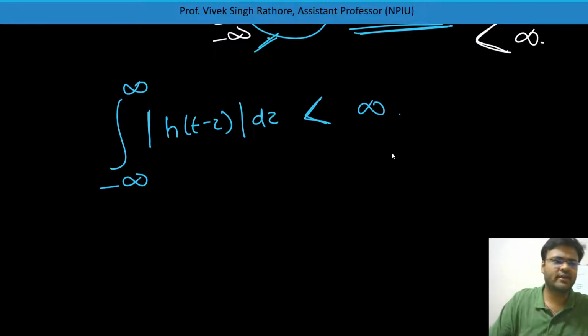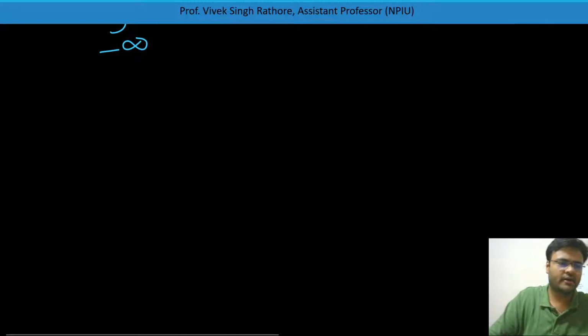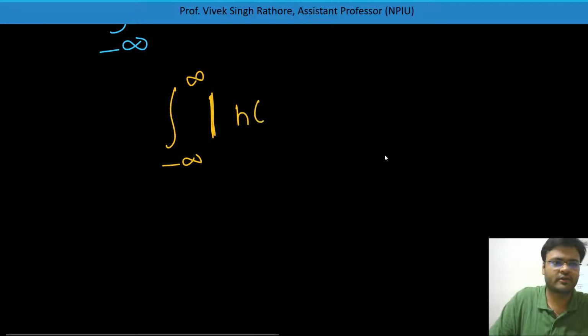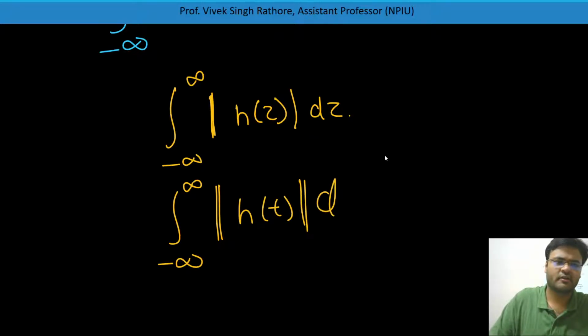Or we can say that these signals are actually the shifted ones. So you can also say that ultimately from minus infinite to infinite, the magnitude of h of tau d tau, or if you are not comfortable with tau, h of t dt, this mod value should be less than infinite.